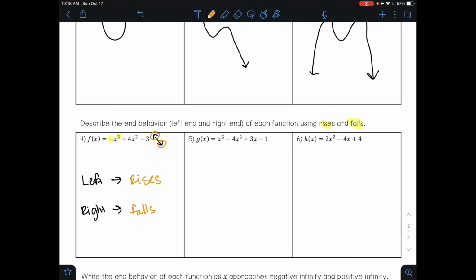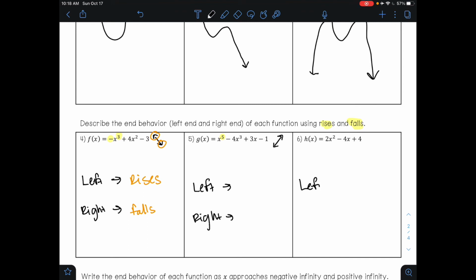On example 5, we have a positive leading coefficient, and my degree is 5. So it's positive and it's odd. This would look like a line with positive slope. Again, I want to figure out what the left side is doing and what the right side is doing.